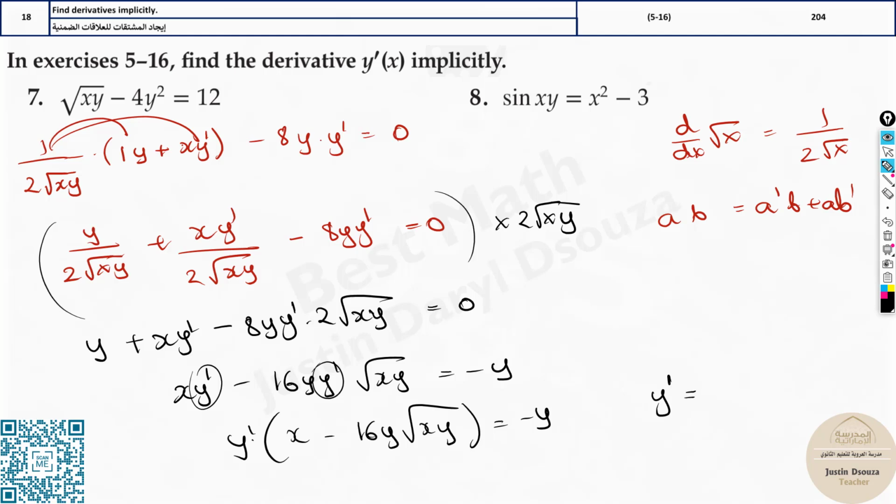Why did I remove the denominator over here? Because you already get a denominator when you simplify, but if you have two denominators it's just complicated, right? That's the reason. So the final answer would be y divided by x minus 16y square root xy. So this would be the answer.